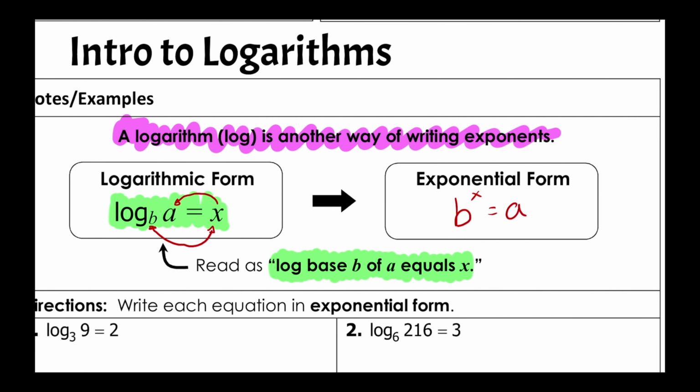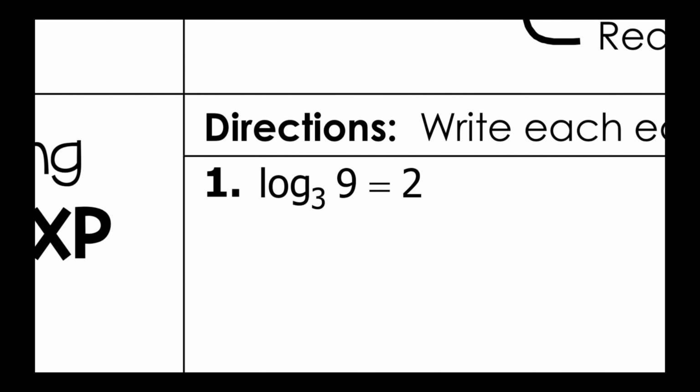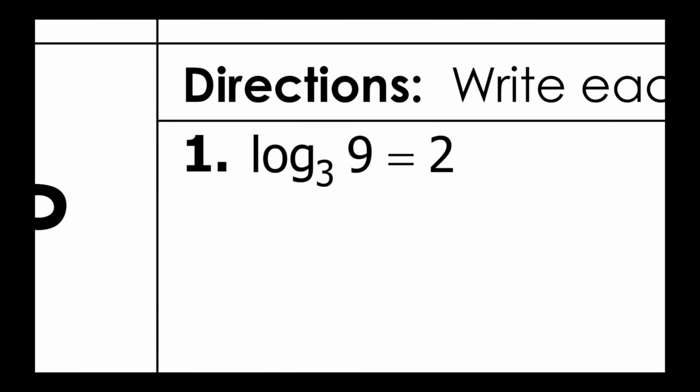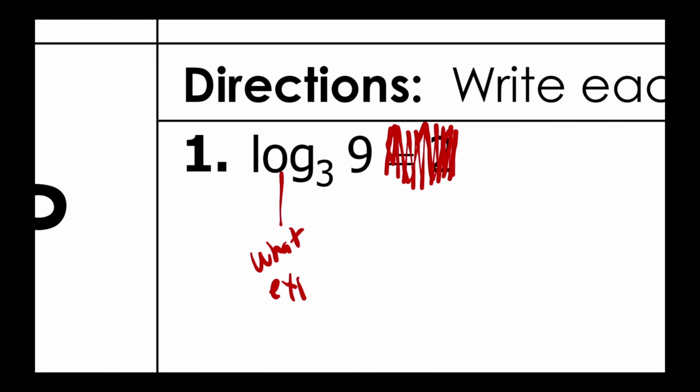We have some examples down here of what I'm talking about. So you see this is log base 3 of 9. Pretend you don't see the answer. This is asking, what exponent of 3, that's the base of 3, gives 9?